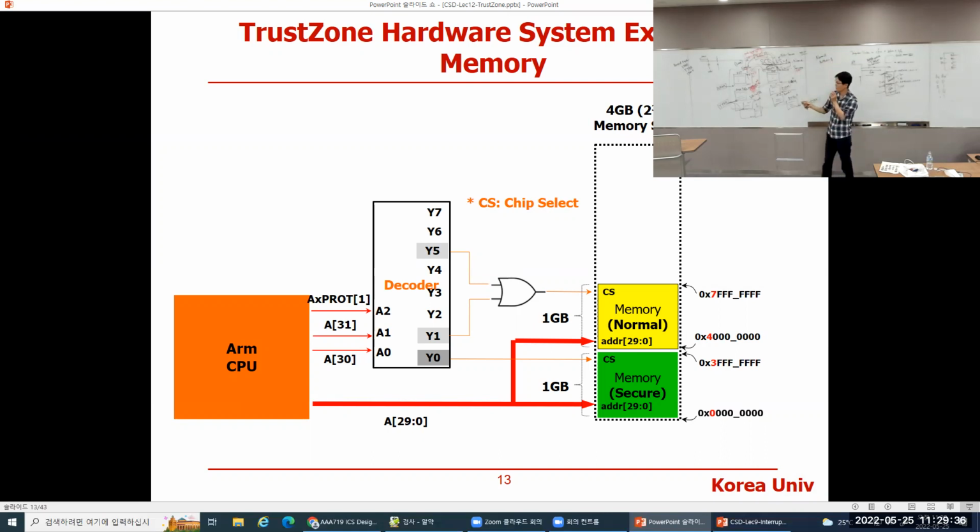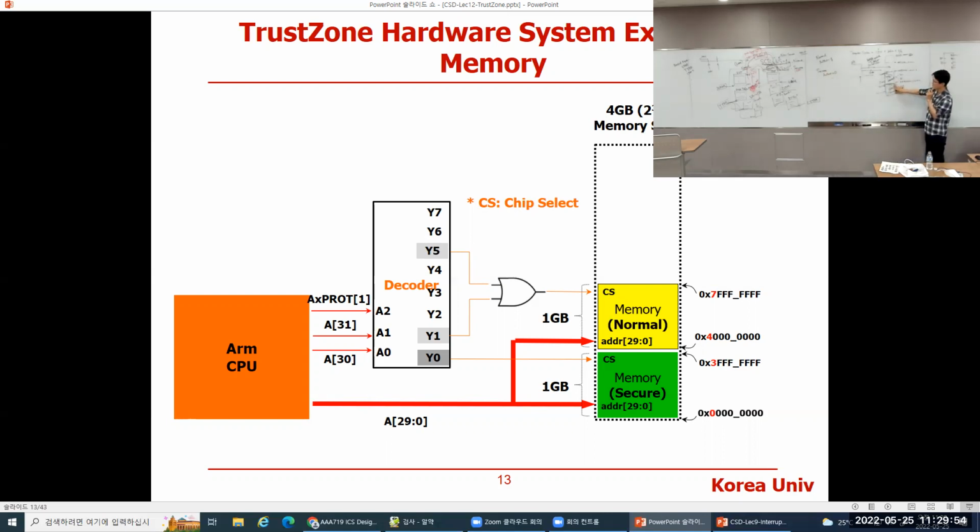Then you are targeting what? A secure memory first. Sorry, secure state, AXPROT 0.